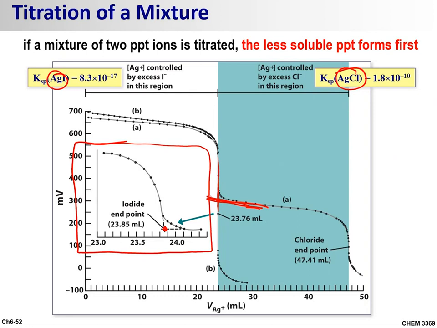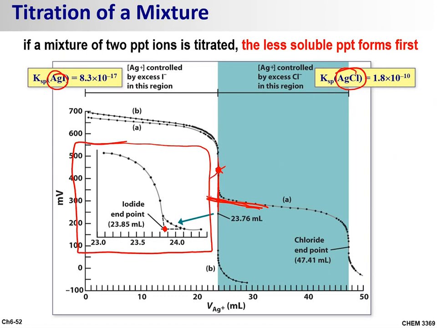So that's this point. That will be the iodide endpoint. The reason for that is that the silver chloride actually starts to precipitate before all silver iodide is precipitated. So reading the endpoint in this way introduces a smaller error compared to taking the middle part of this steep section.